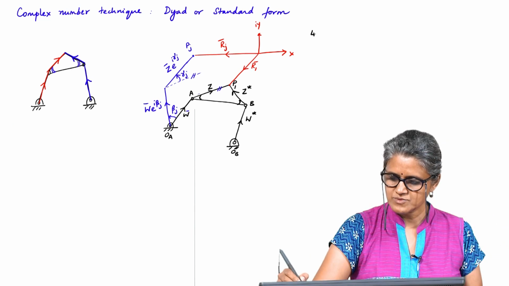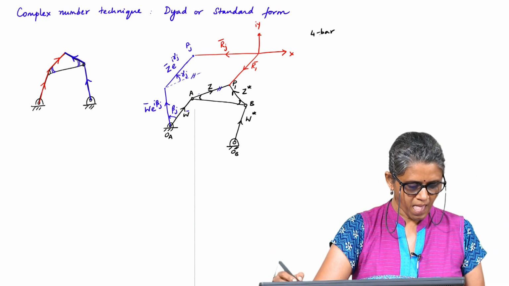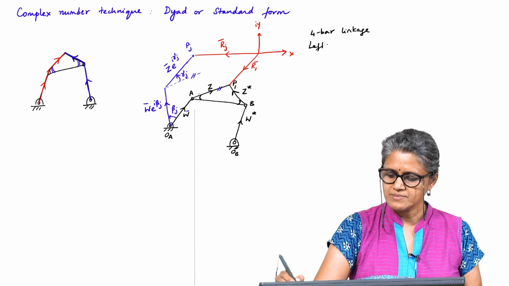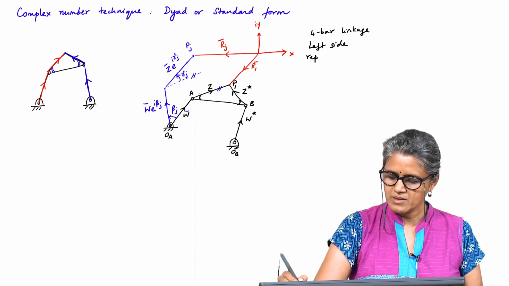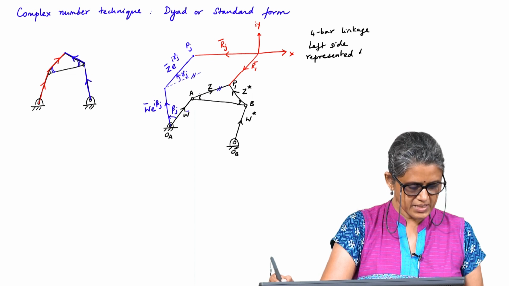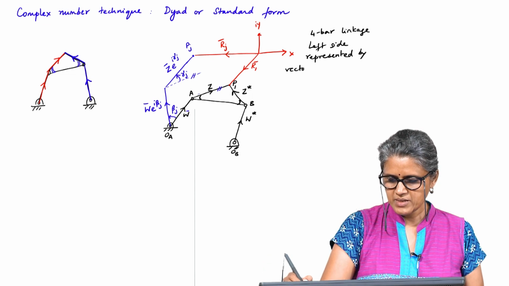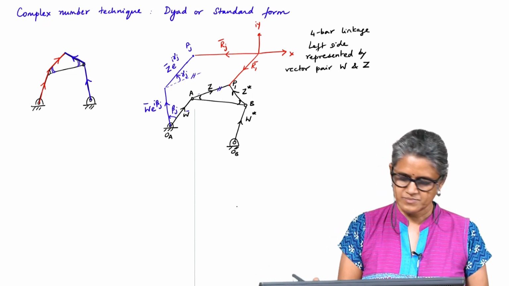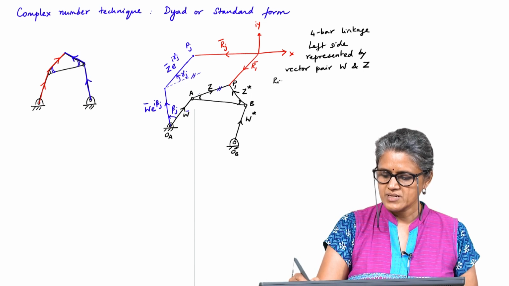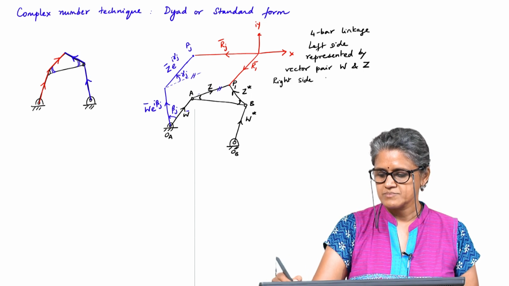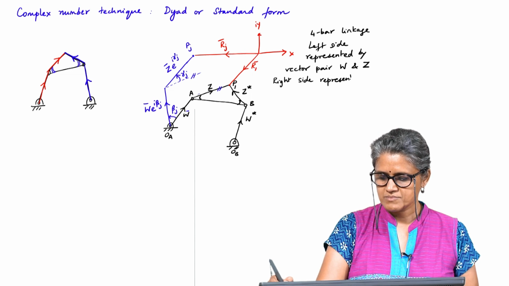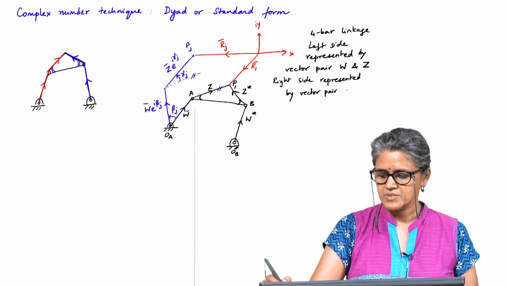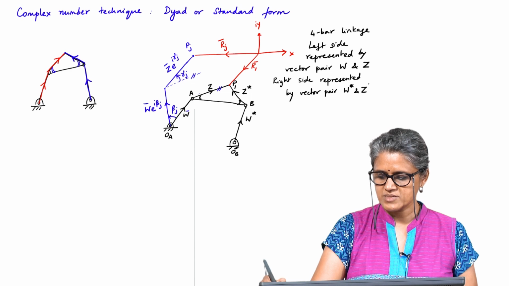Okay. So, here this is a 4 bar linkage with the left side represented by the vector pair W and Z, right side W star and Z star.